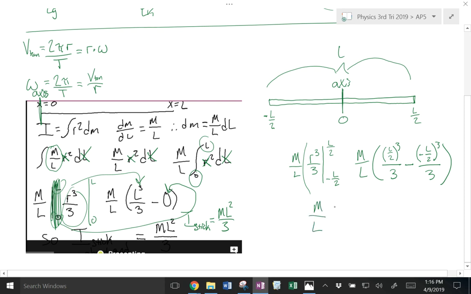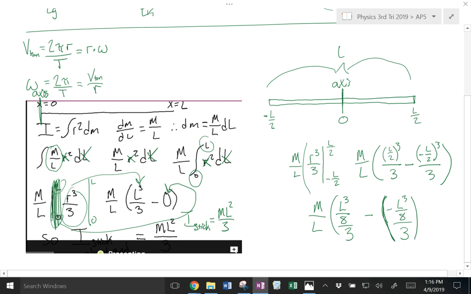M over L, this is going to be L cubed over 8 over 3 minus negative L cubed over 8 over 3.